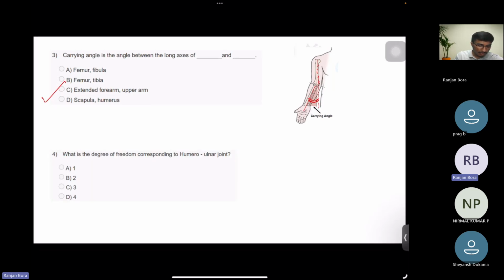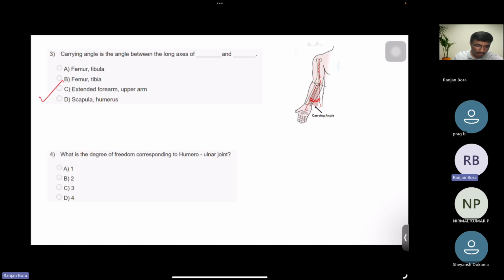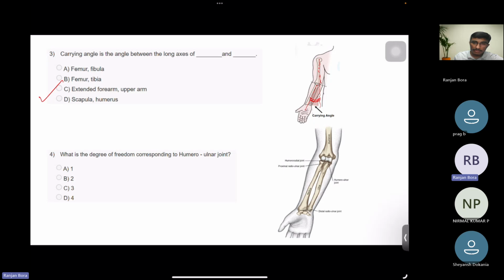And what is the degree of freedom corresponding to the humeroulnar joint? Yes. So you can see this is the humerus, and there are two bones connecting with the humerus.